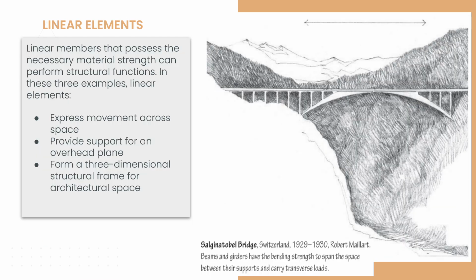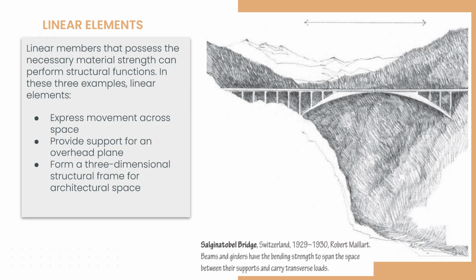So linear elements are not always vertical. Linear elements that possess the necessary material strength can perform structural functions. In these three examples, linear elements express movement across space. It provides support from an overhead plane and forms a three-dimensional structural frame for architectural space.